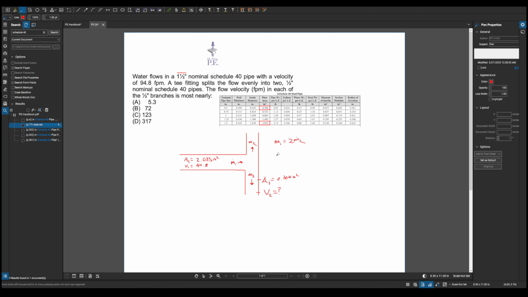So we need to remember that our mass flow equals density times the velocity times the area. And this velocity is in feet per minute, and this mass rate is in pounds per minute. So if we set this up, plug that into there, plug that into here, we know that the densities will cancel out on both sides here. So A1 V1 equals 2 A2 V2.